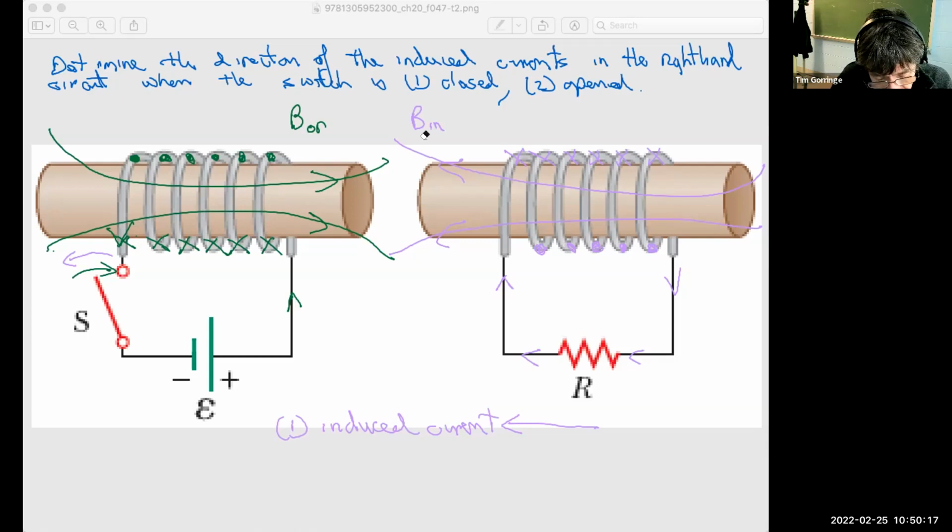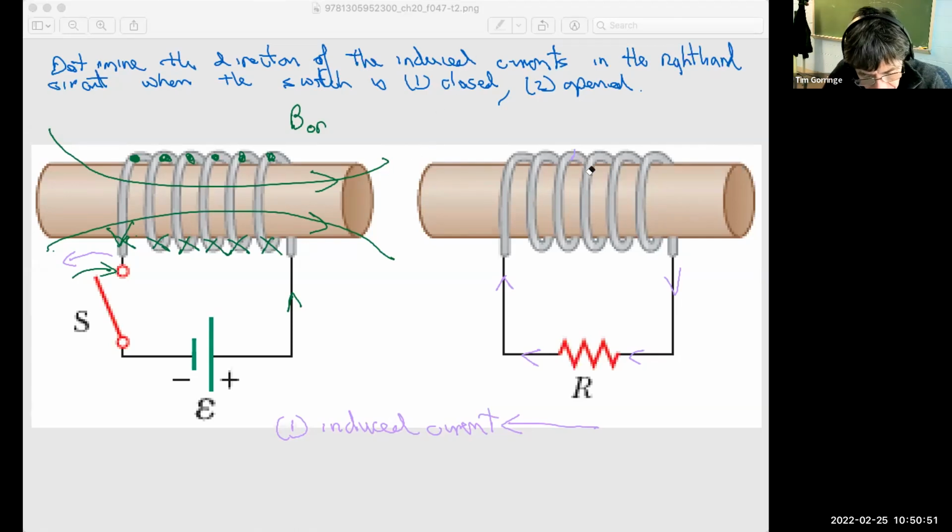That means that the circuit on the right sees a magnetic field that was towards the right disappear. It's going to want to oppose that change. It wants to counteract that change. That's Lenz's law. And so in the second case, when we open the switch, the circuit on the right is at that moment also going to create a magnetic field, but it's going to be a magnetic field in the opposite orientation.